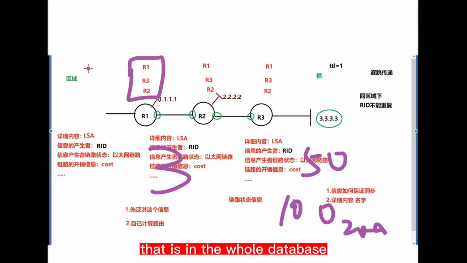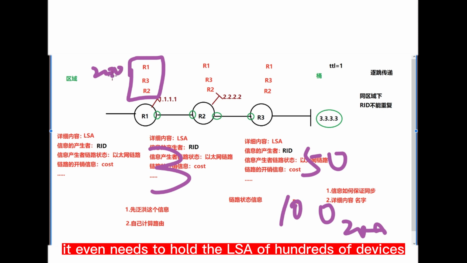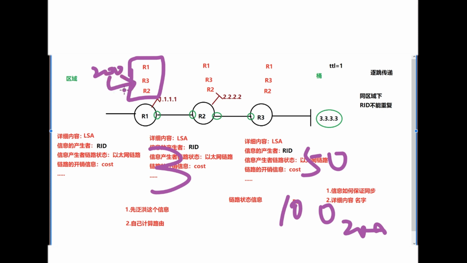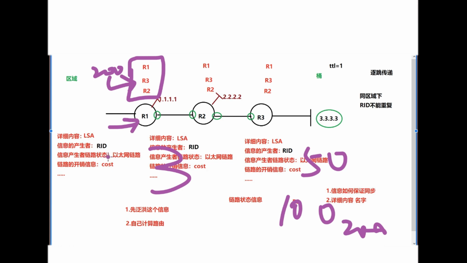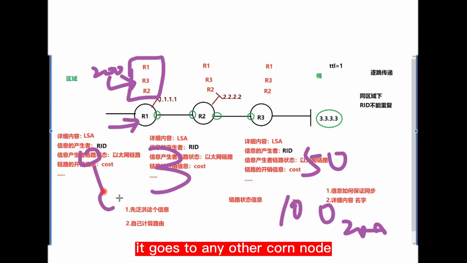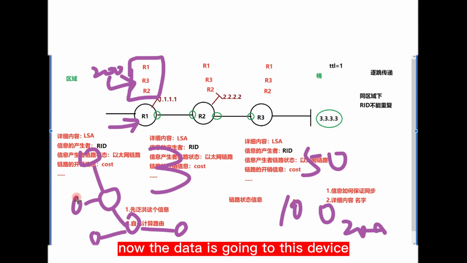It even needs to hold the LSAs of hundreds of devices. Relatively speaking, its overall load will be relatively large. The equipment will be more difficult to handle, because the device has to calculate the path to any other core node in the entire network. For example, now the data is going to this device.